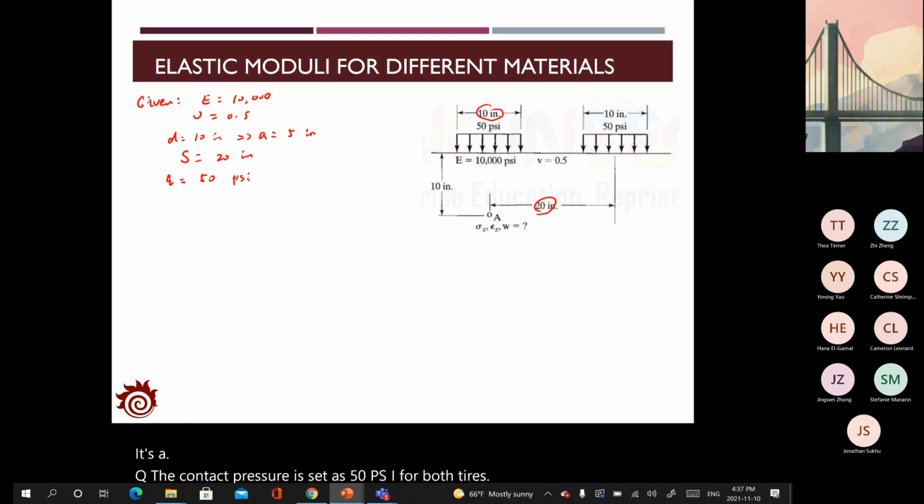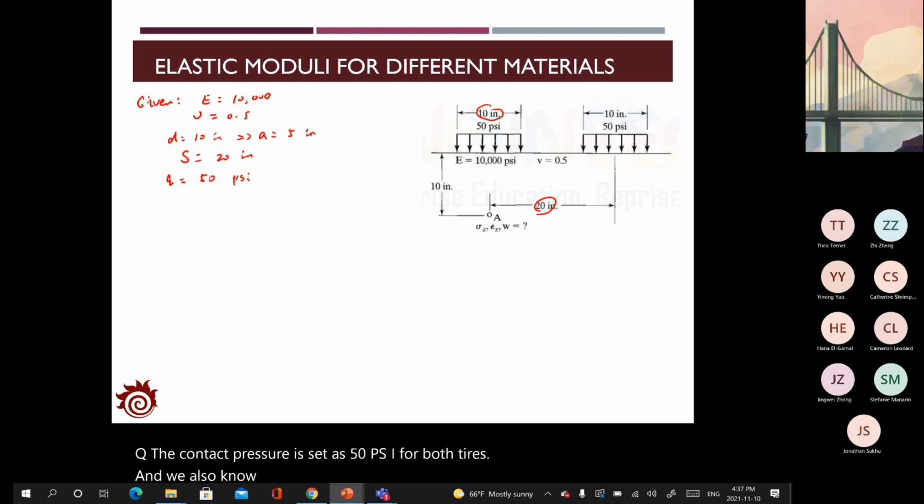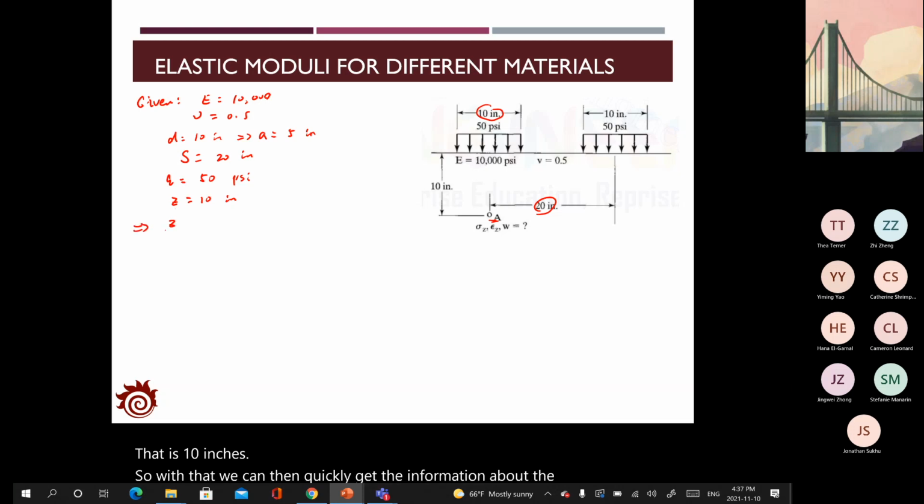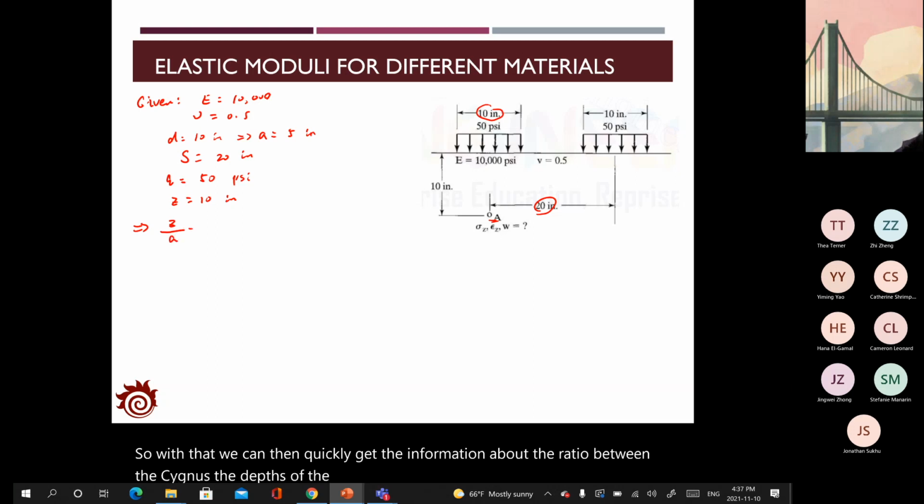And we also know the depth of point A, that is 10 inches. So with that, we can quickly get the ratio between the depth of point A and the radius. So z is 10, and the radius is 5, which will give you the value as 2.